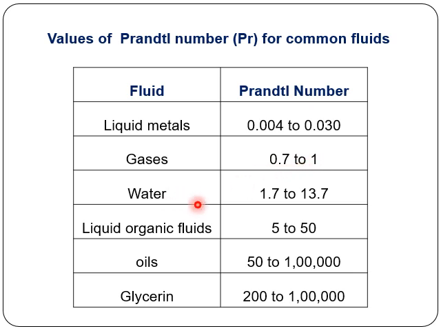For water, it is between 1.7 to 13.7. For oils and glycerin, which are slightly viscous, this value is very high because the kinematic viscosity by diffusivity value will increase. So Prandtl number for these oils and glycerins is quite high.